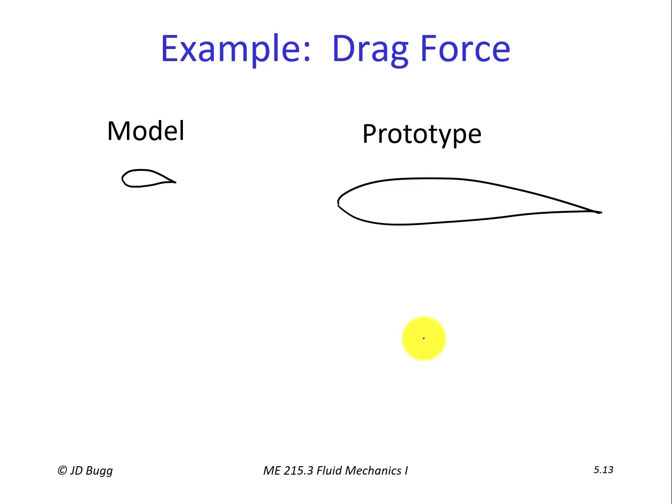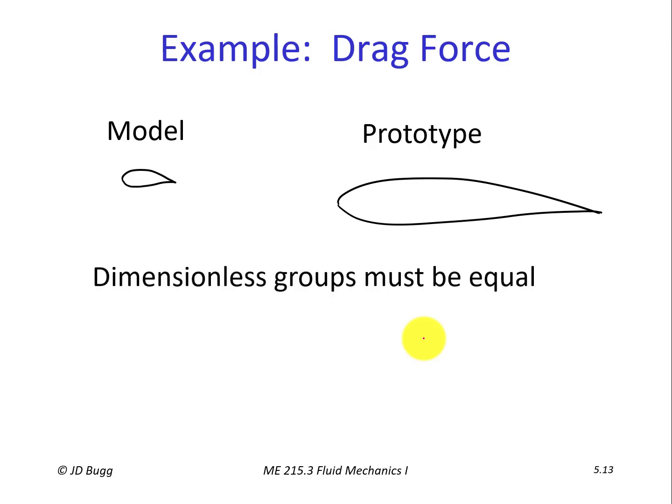So as an example, just carrying this on, let's say that we are measuring the drag force on a new airfoil design. So we have a model and we want to use measurements on the model to predict what's going on in the prototype. So the dimensionless groups between these two situations must be equal.